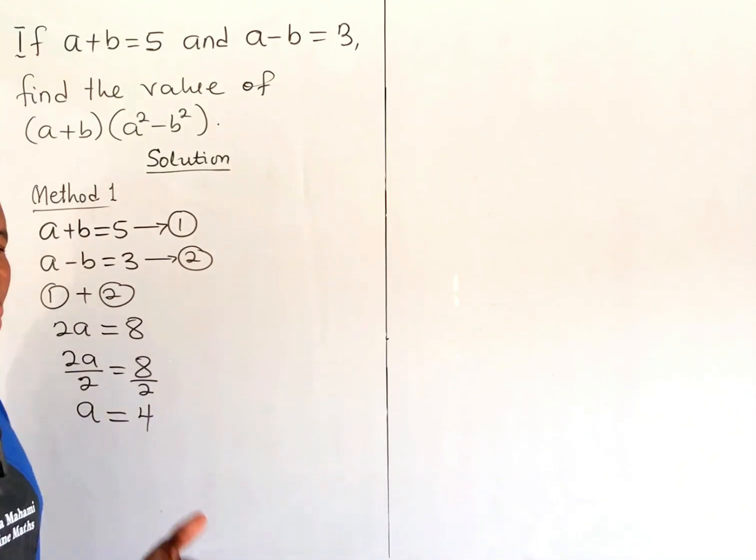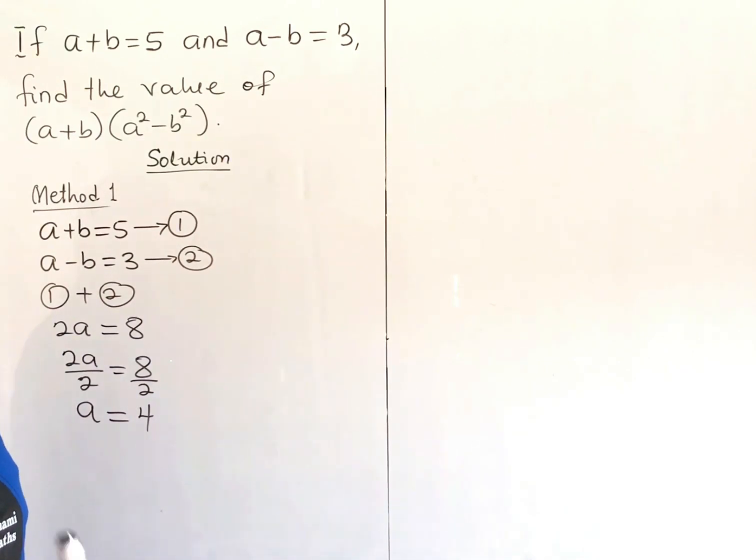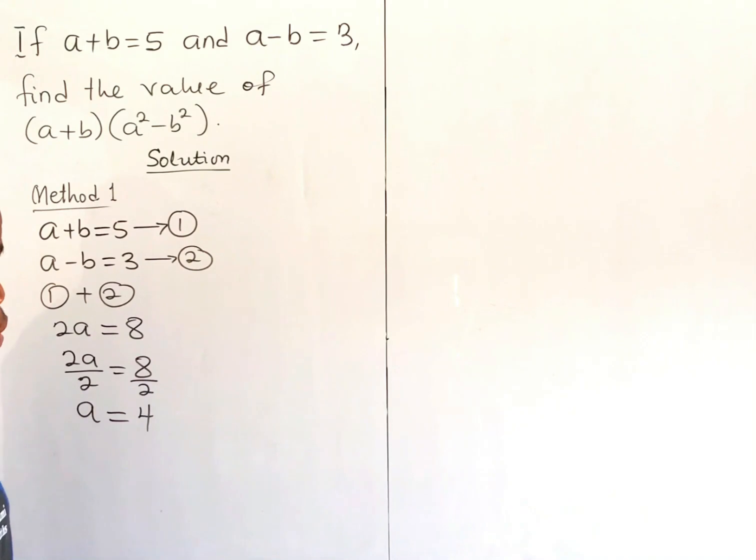Now, since we know A to be 4, we can substitute it in either equation 1 or equation 2 to find B. I will substitute it into equation 1. Whatever we see A, we write 4.